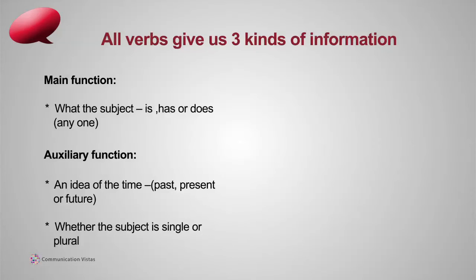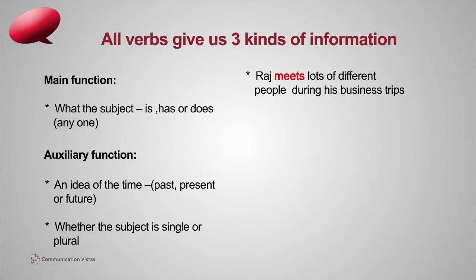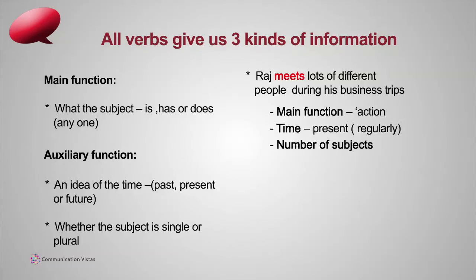Let's look at these examples here. Raj meets lots of different people during his business trips. Meets. The main function of the verb meets is to show action. Time is in the present and the number of subjects is 1.